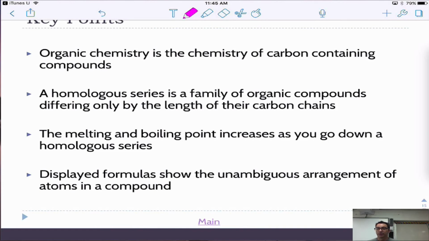When you have a melting point and a boiling point, it's going to increase as you add on carbons. You get those stronger LDFs, and in some cases, hydrogen bonding, depending on what the molecule is, or London dispersion forces and dipole-dipole. And then, when you want to show something as unambiguous as possible, use a structural formula. Don't use an empirical or molecular formula. It doesn't give you enough information.